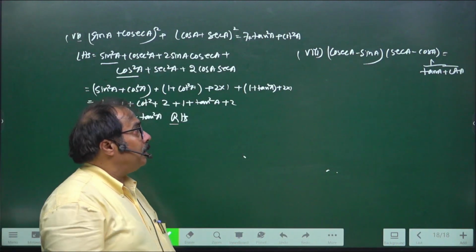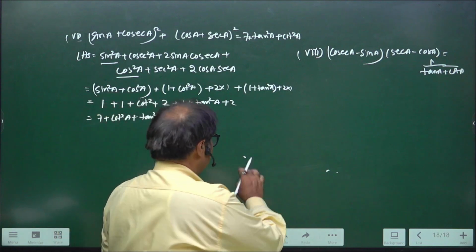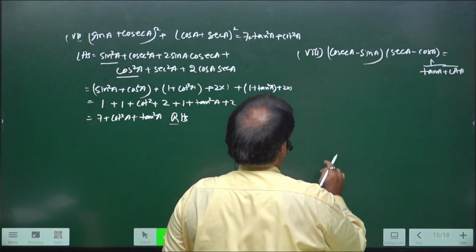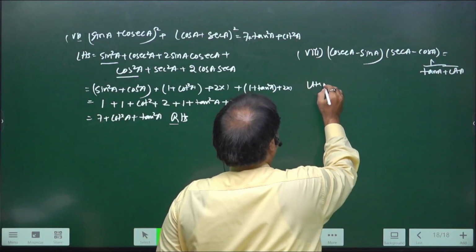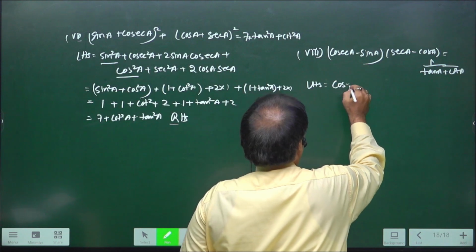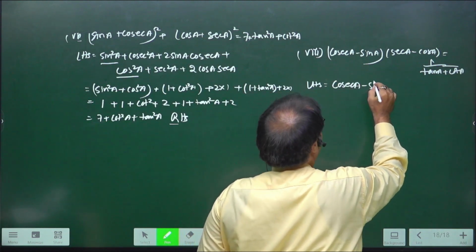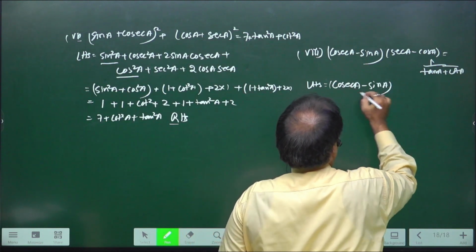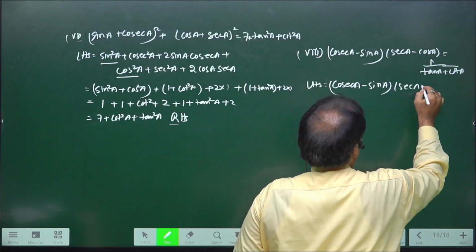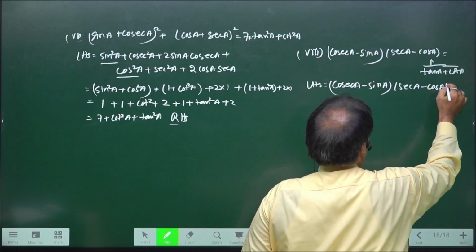So first we will take the left hand side. LHS is equal to (cosecant A minus sin A) into (sec A minus cos A).